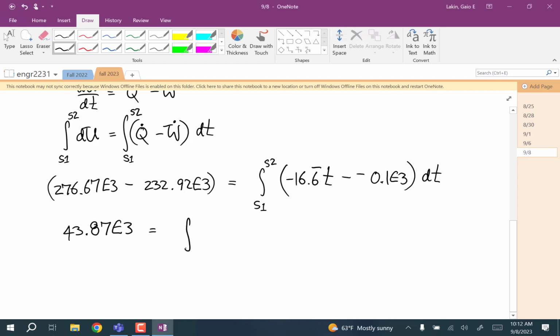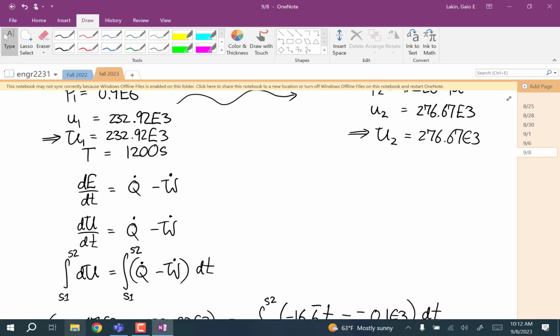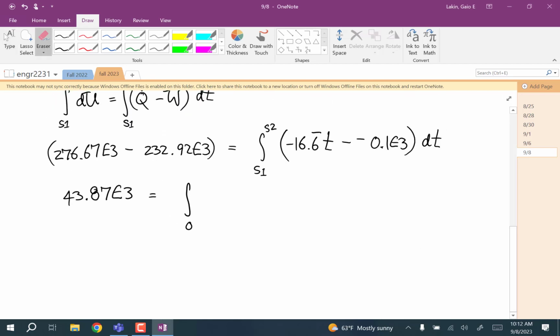I'm just going to think of that as from time 0 to time t. Well, actually, we don't need to use time t. We know that we're given that it's 20 minutes, which is 1200 seconds. Negative 16.6 repeating t plus 0.1 times 10 to the 3 dt.